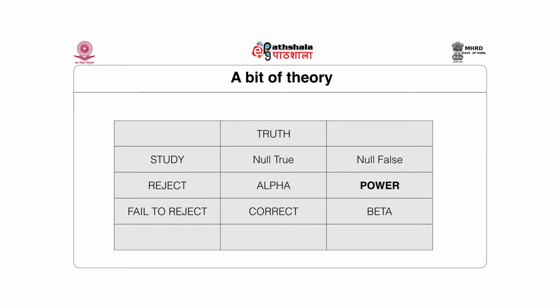Once more, we are going to give you a little bit of theory to start with. The theory is this: in your endeavor to prove, disprove, or test your hypothesis in your research, you start with a theory.